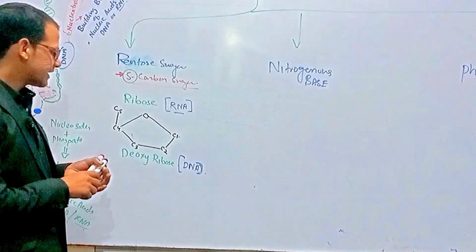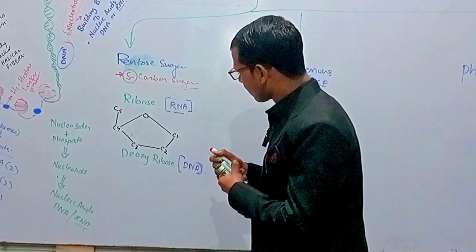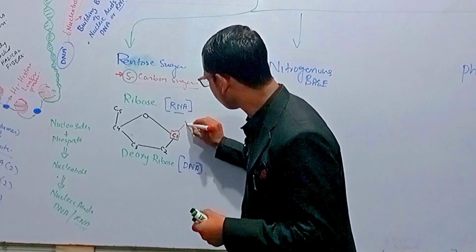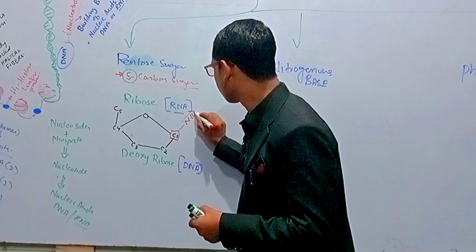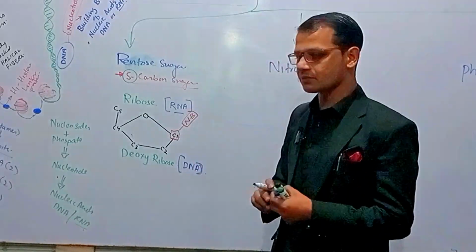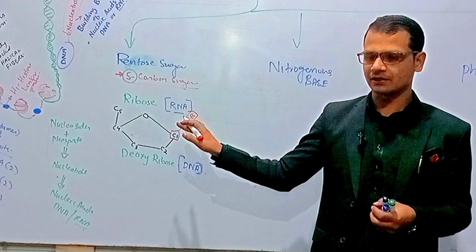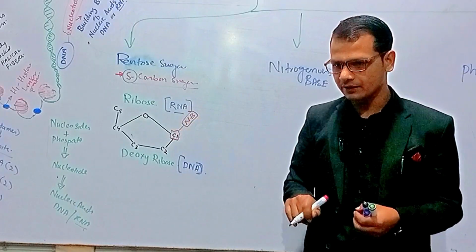Right? To this carbon number 1 the nitrogenous base will be attached. This is the importance of each carbon in the pentose sugar ring. Right?